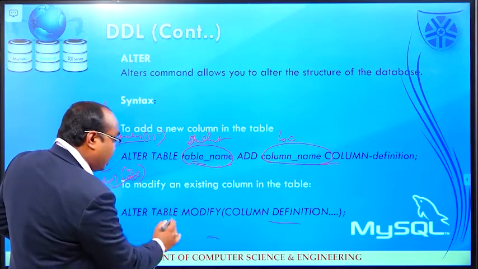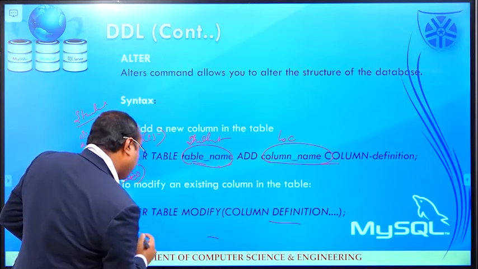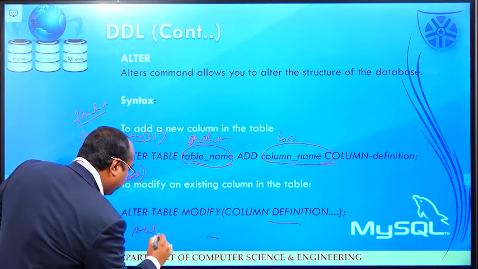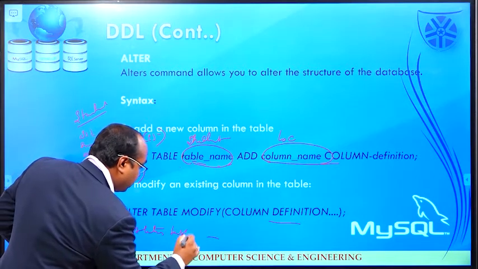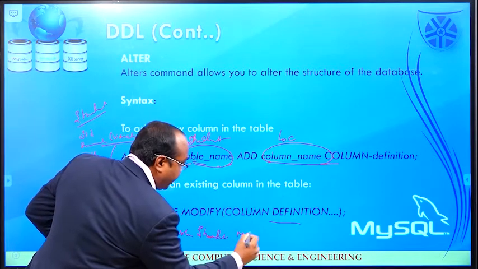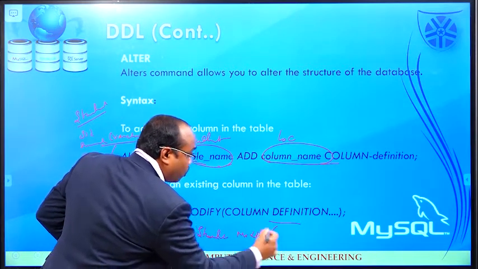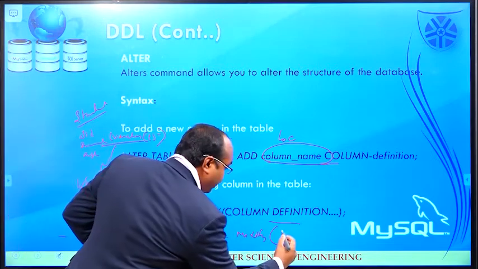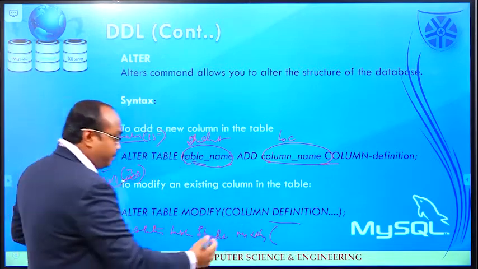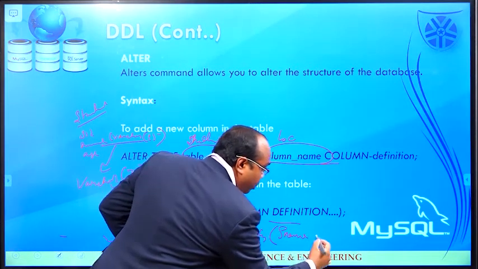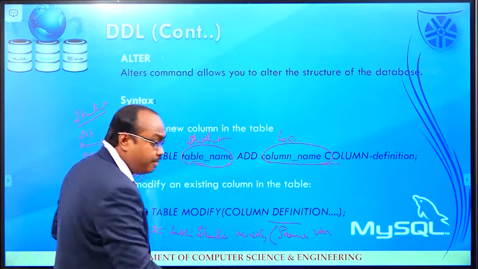So I want to mention the modified data type here. Alter table, modify the column name. Here, alter table, the table name is student, and modify, what do we have to modify? The SName data type. Modify the column SName, and what is the new size of the data type?